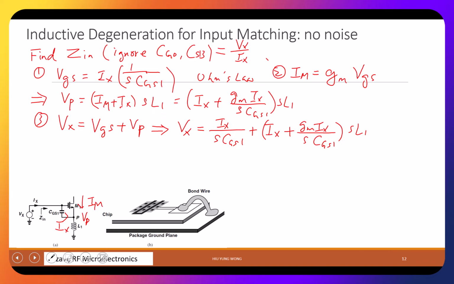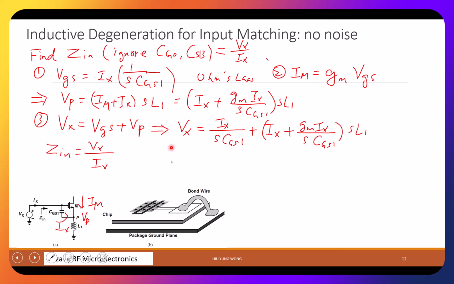So now I can find the input impedance. I would say just Zin equals Vx divided by Ix. And it is pretty simple because you see this is Ix times a constant. This is Ix times sL1. This is Ix times a constant.